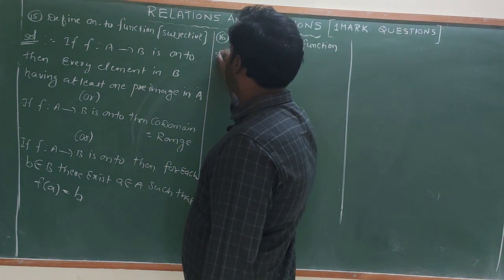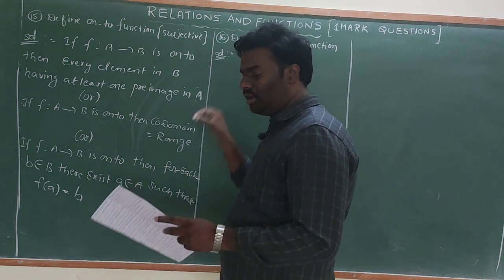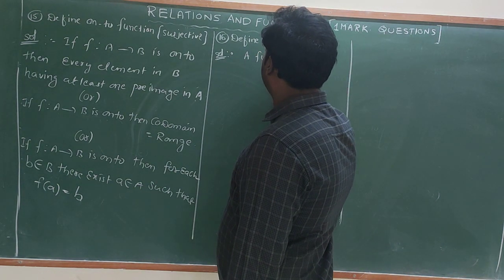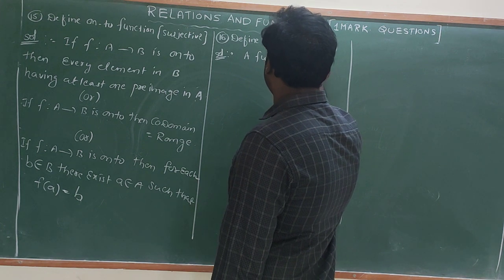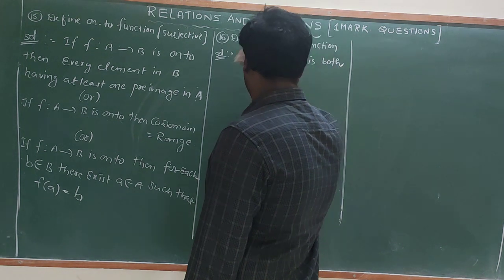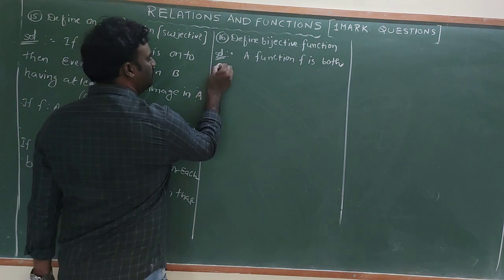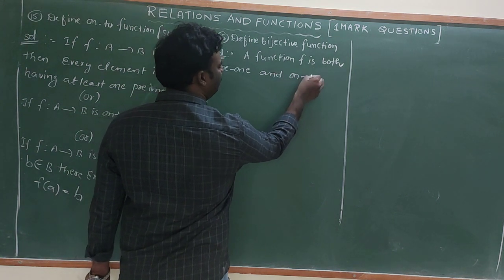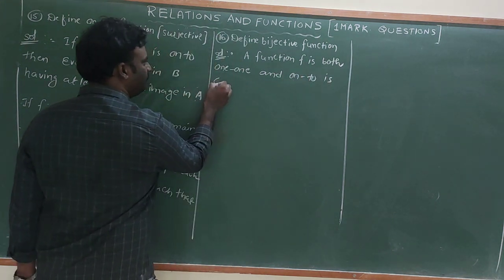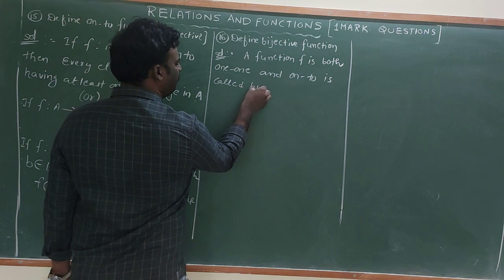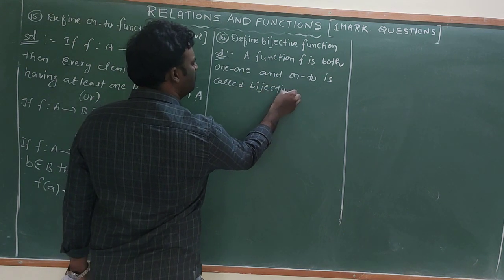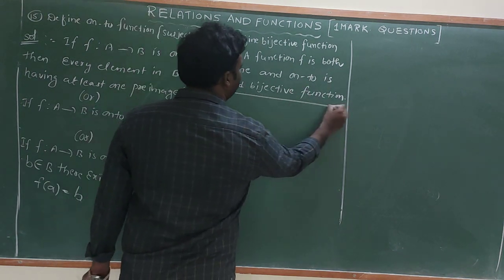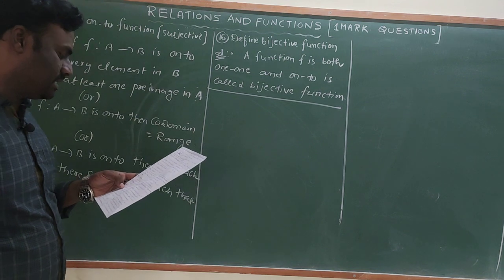A function which is both one-one and onto is called a bijective function. A function f that is both one-one and onto is called a bijective function. It is a very important definition. That is question number 16.